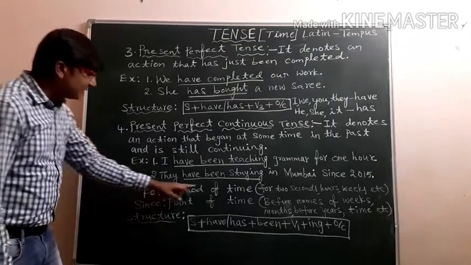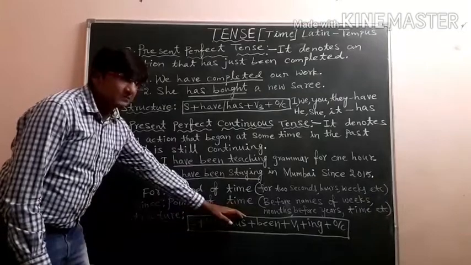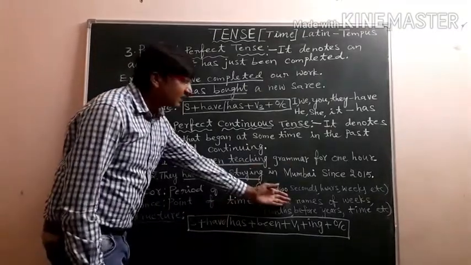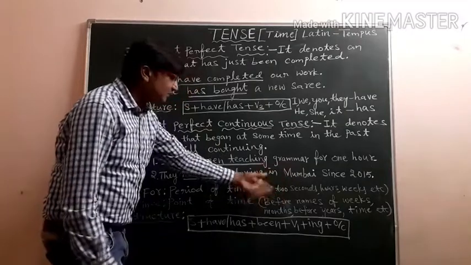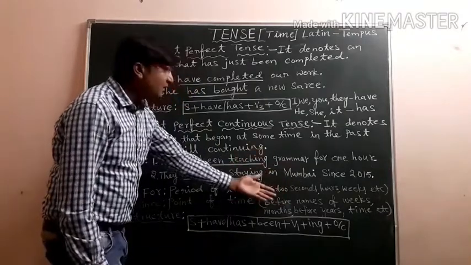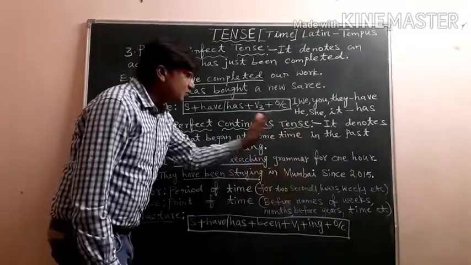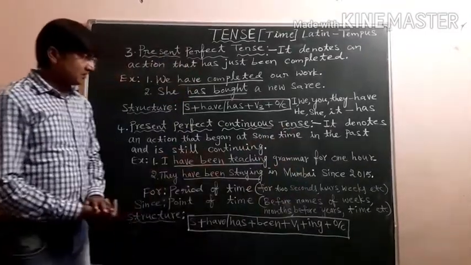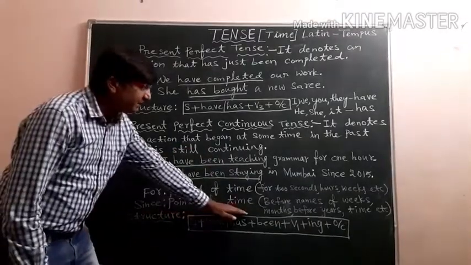In this tense we need to remember the use of for and since. For is a period of time and since is a point of time. So for 2 seconds, for 2 minutes, for 2 hours, or in place of 2 we can say 3, 4, or even 1, and weeks, for 2 years, like that we can say. And since is used for a point of time.